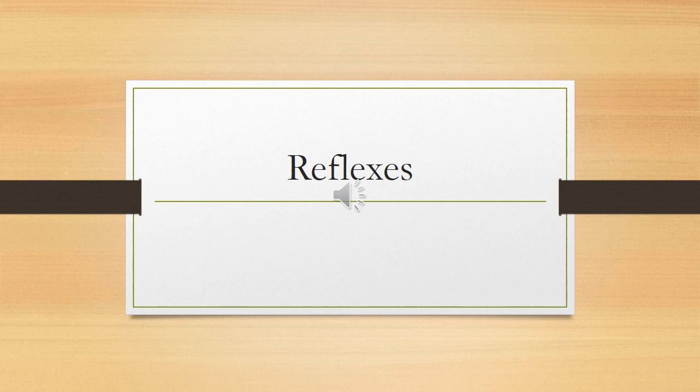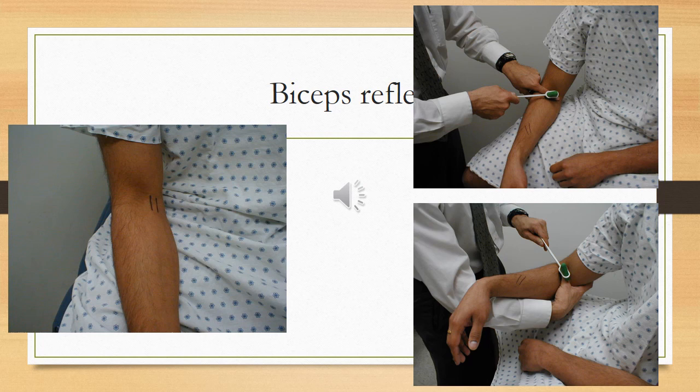Going now to deep tendon reflexes. The first is the biceps reflex, which is innervated by C5 and C6, mainly C5. You will find variations in the references that you go back and read from. There are a few maneuvers for examining the biceps reflex.